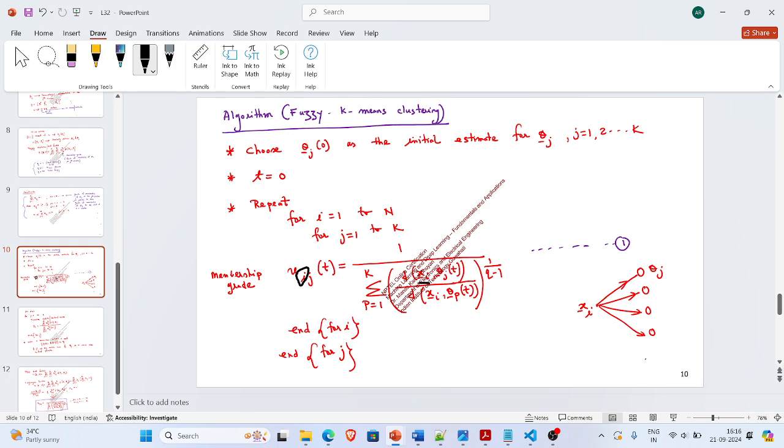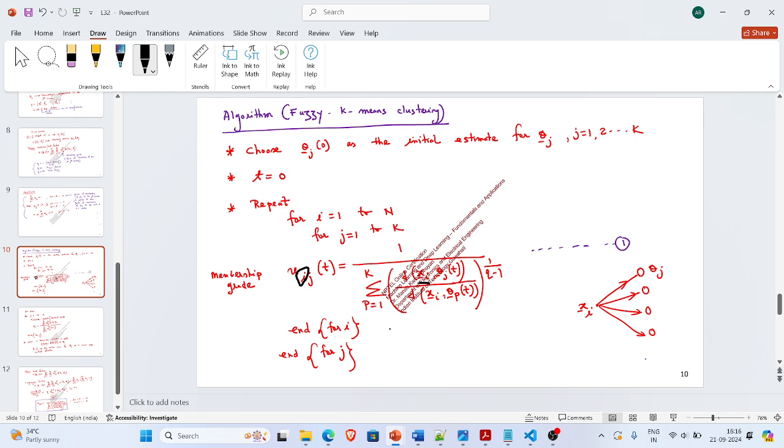That distance, or the similarity as they say, is divided by the distance to the pth cluster centers, and we are summing over p equals 1 to k. So this is how this product is carried out.